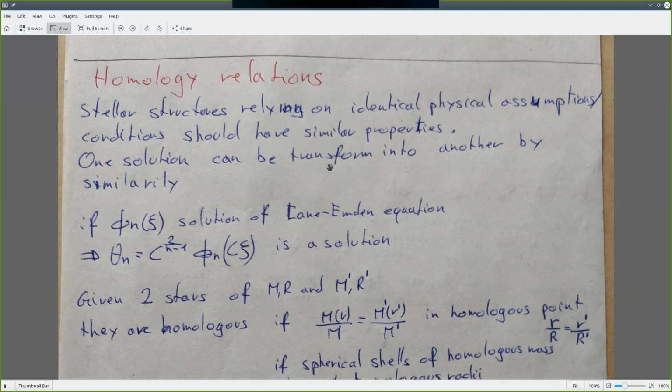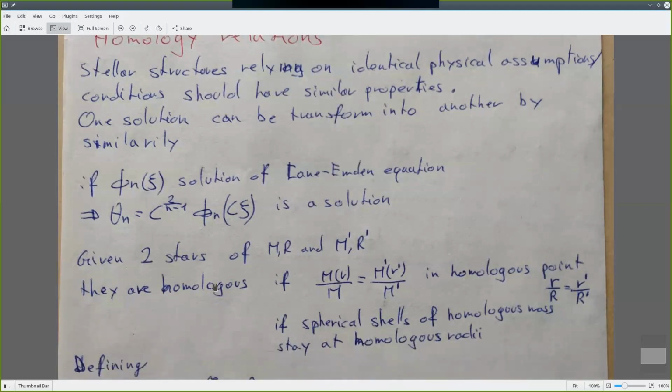The homology relations are based essentially on this point: if we consider the stars homologous, then the behavior of the mass with respect to the total mass is the same, changing in the same way at homologous points, which are the ones at the same fraction of the total radius.